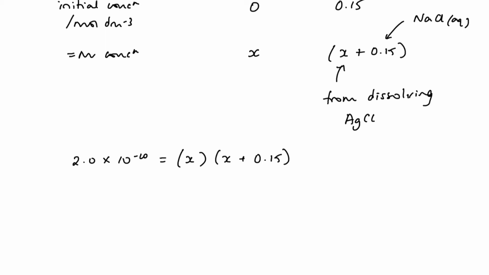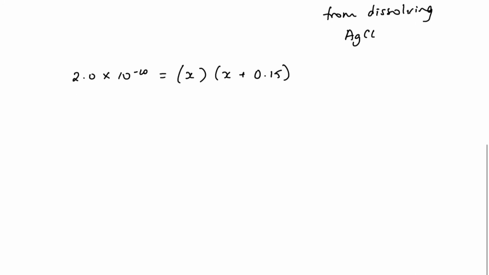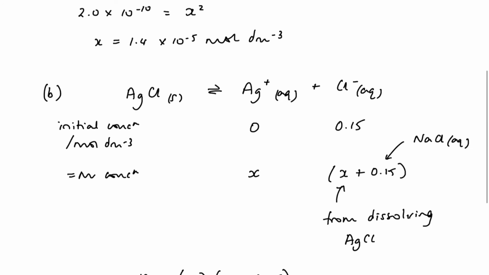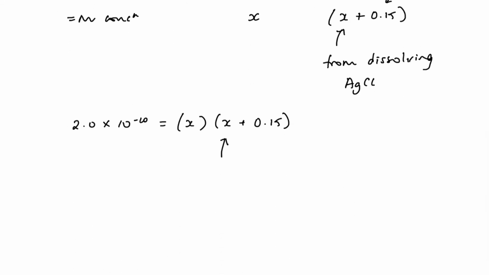0.15. Now, we're going to make an assumption to make this calculation easier. We know that in pure water, the value of x is really very small. It is, well, we worked it out, 1.4 times 10 to the minus 5. That is considerably smaller than 0.15. It's so much smaller that we can assume that it's negligible.